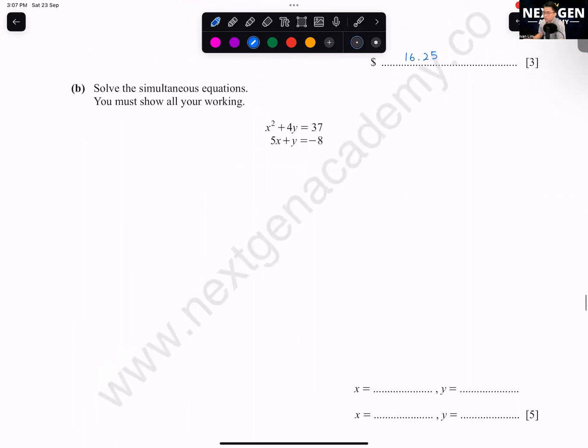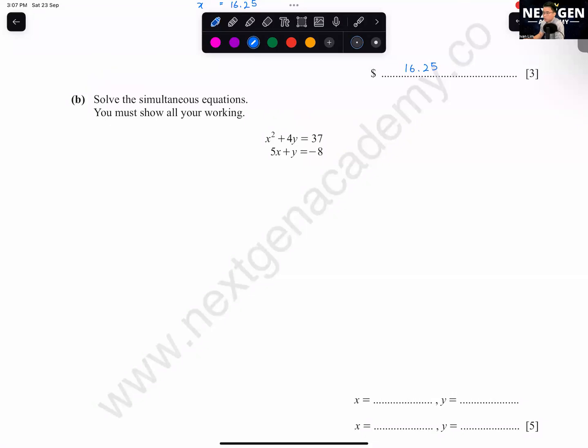Okay, for this type of question, you are most likely going to get a quadratic equation. So we've got equation 1 and equation 2. Okay, what can we do? Equation 2, I make y the subject first. So y equals negative 5x minus 8.